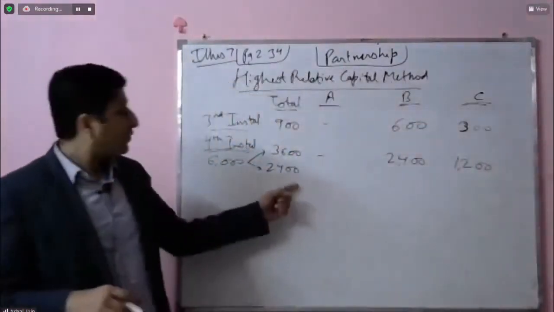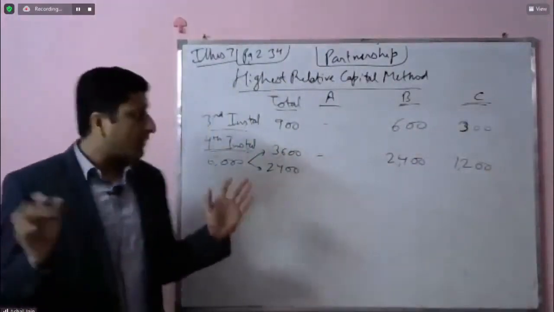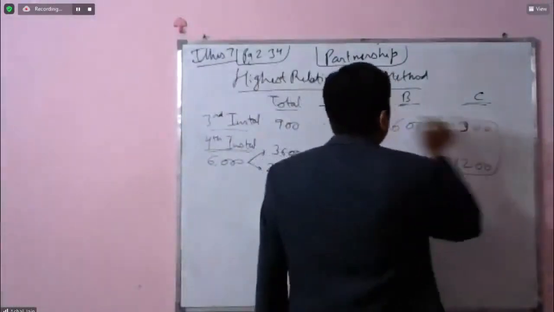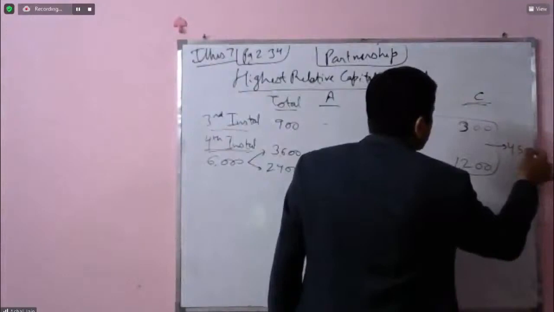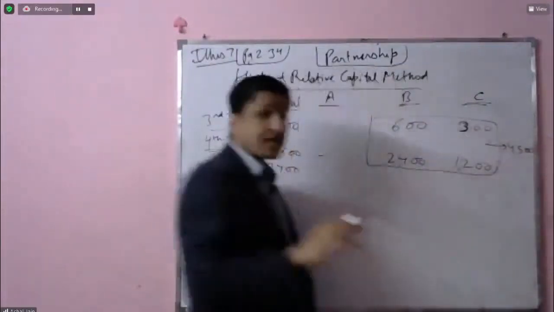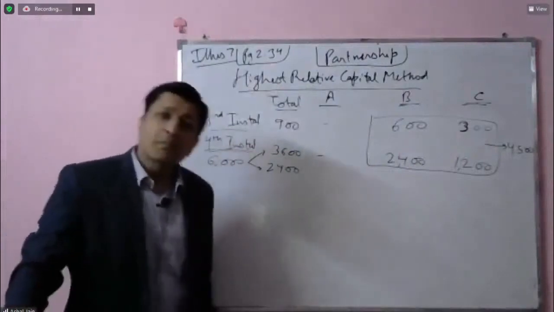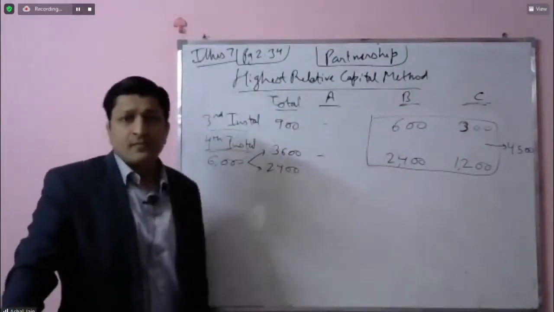And this 2,400 will go to all the three partners now. Why? Because if we look at all these amounts, they become equivalent to 4,500. So that means the excess capitals of these two partners are paid through these portions.